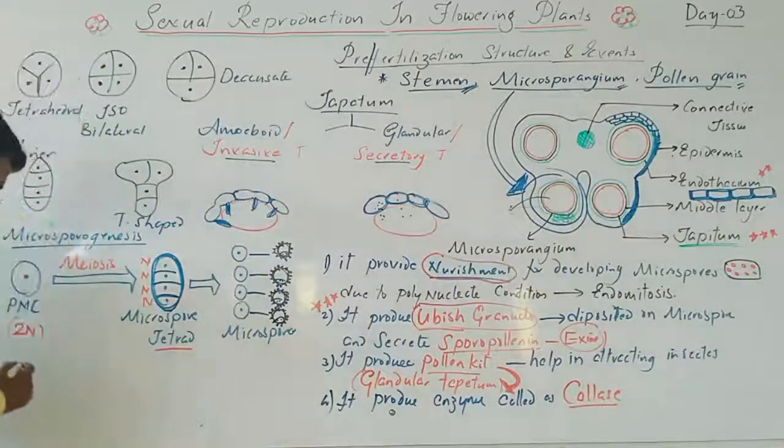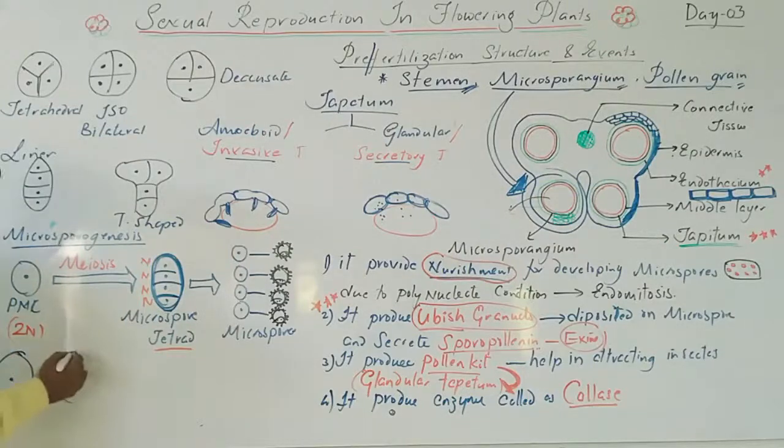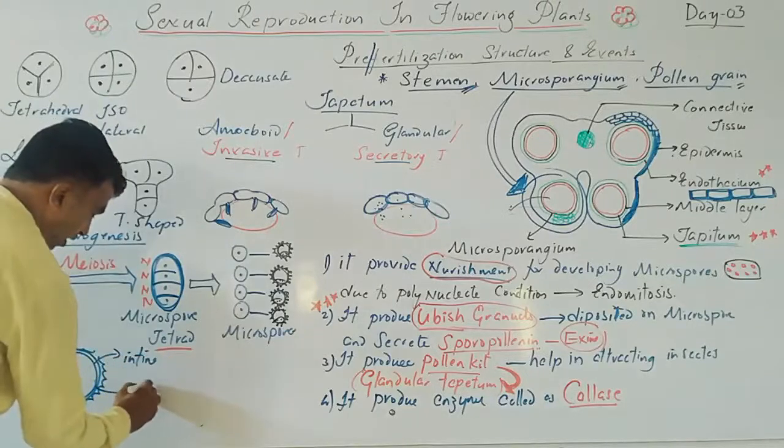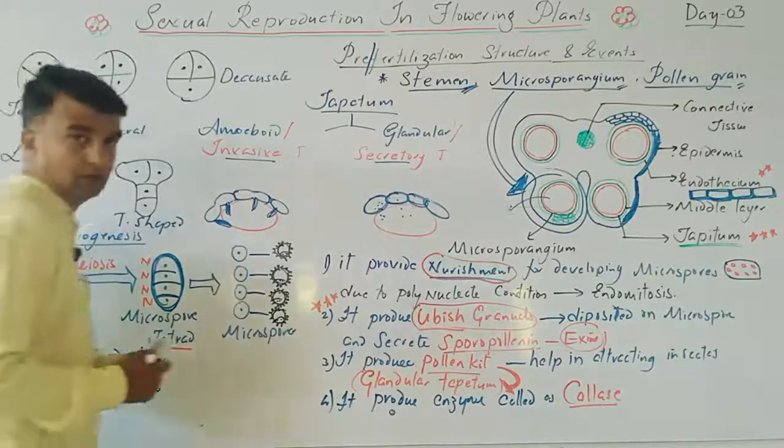Gradually, different chemicals are deposited on it, and it undergoes maturation and gradually develops into a pollen grain. So this is again the same microspore, 2 layers are there. This is the intine, this is the exine.